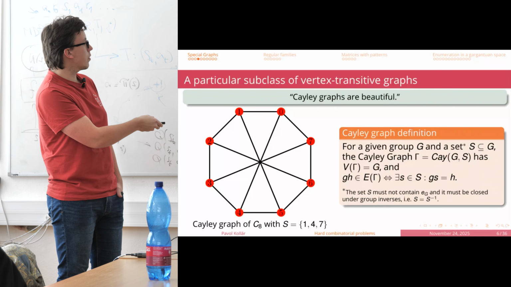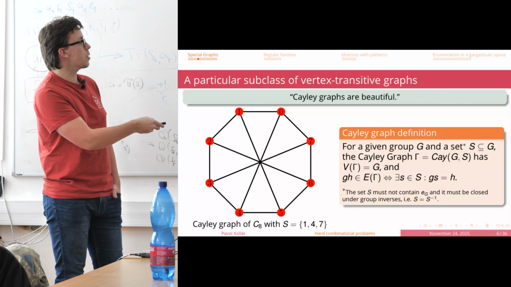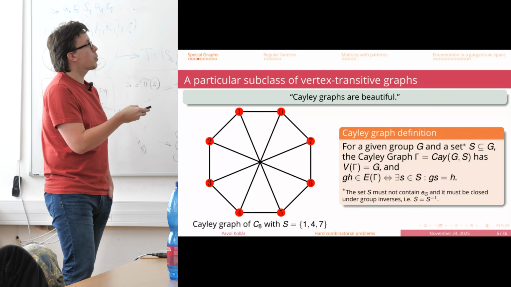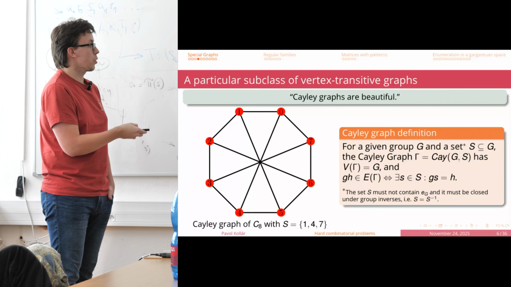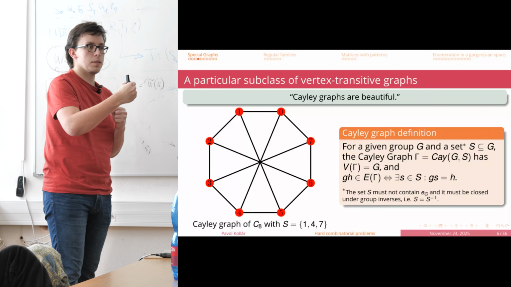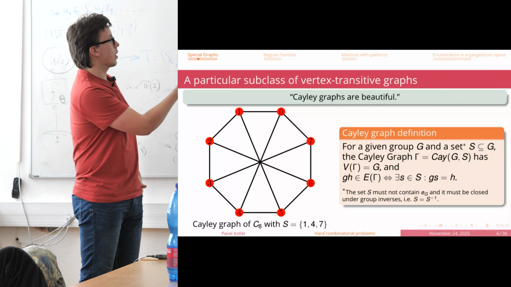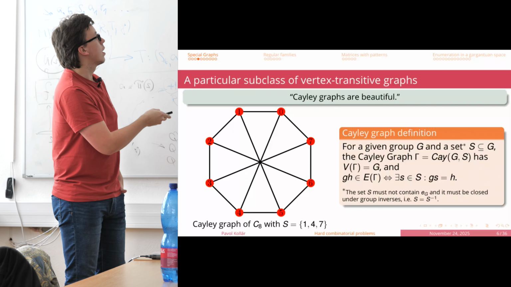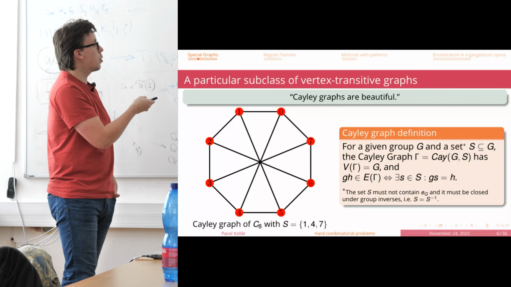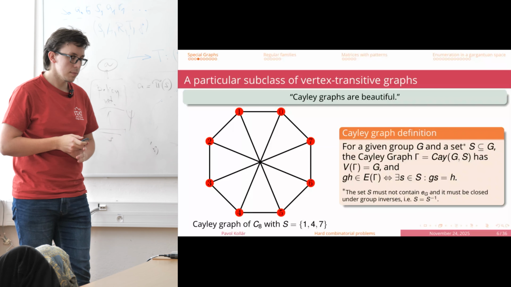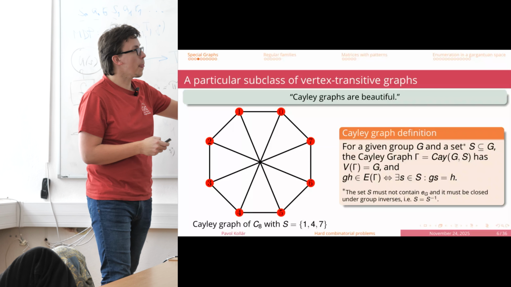Specifically, this is the Cayley graph of the cyclic group on 8 elements with elements 1, 4, and 7. In this case, you can interpret the group as addition modulo 8. So 0 moves to 1, 4, and 7 as described here, but 3 moves to something that's 1 below, 1 above, and across. So that's a Cayley graph.